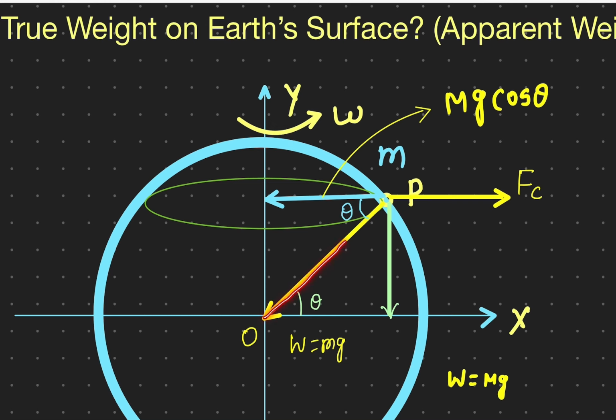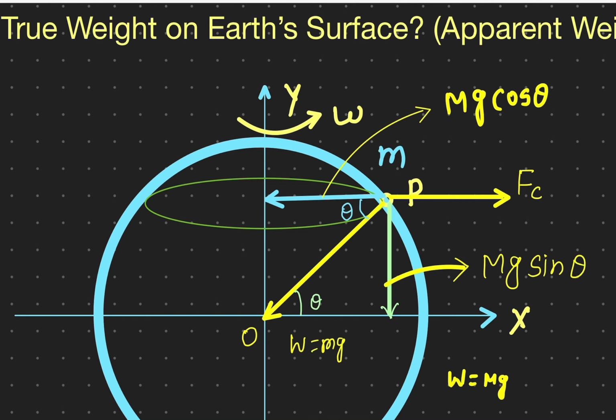Why mg cosine theta? Because this weight is mg, and if I look into this triangle, this component is simply the cosine component. And exactly the same way, this component would be mg sine theta.